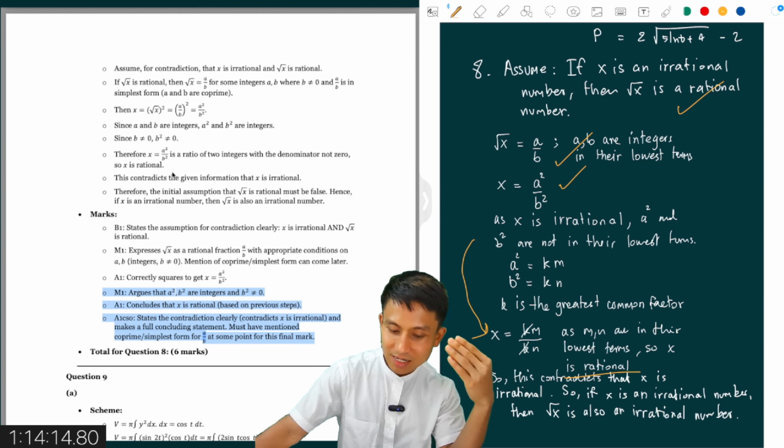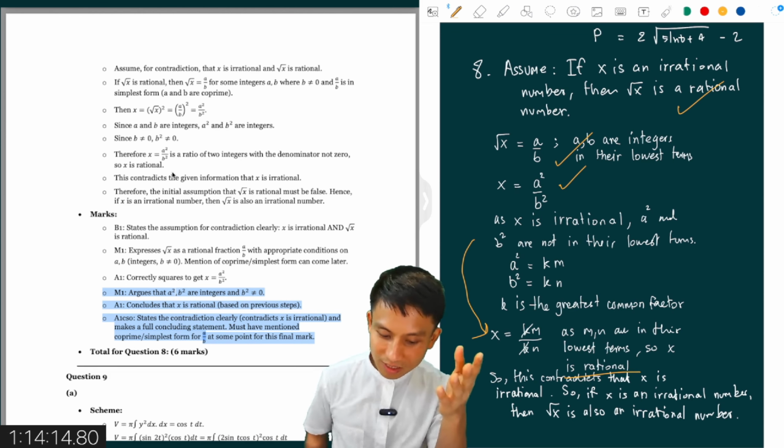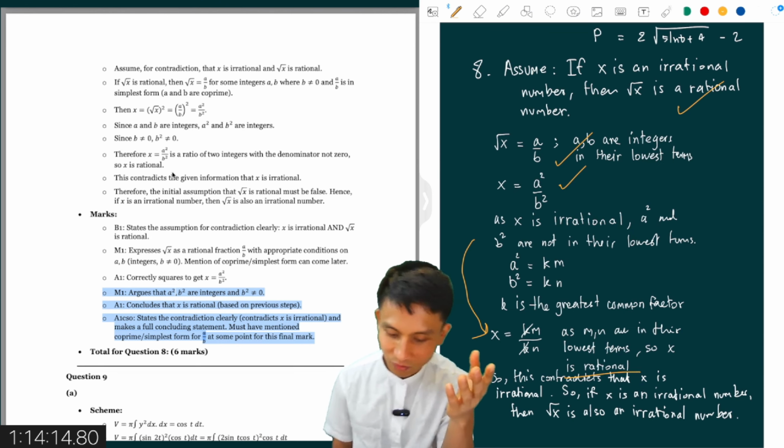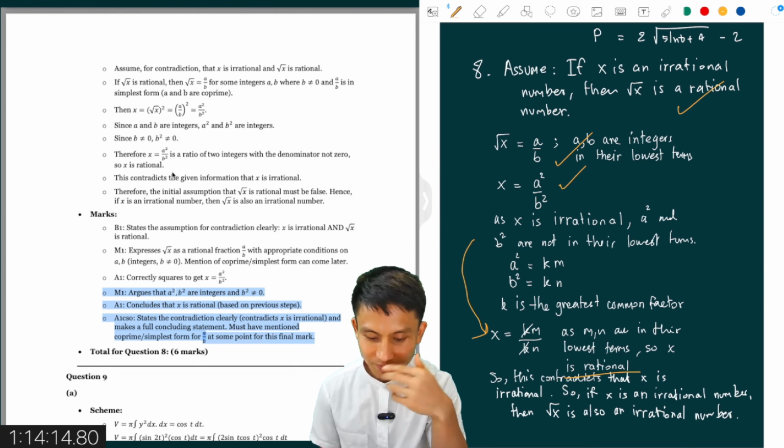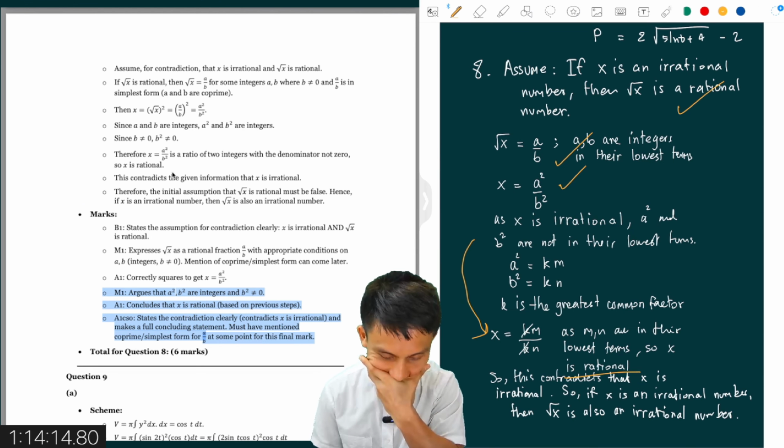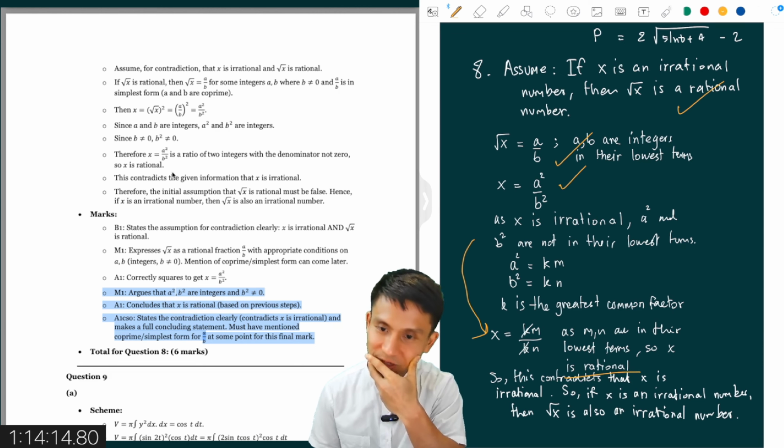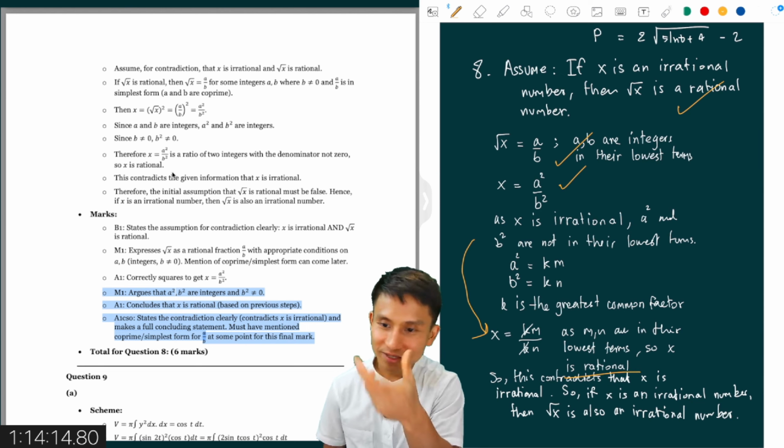But I did, because we assumed earlier that x was irrational. Yeah, that would have been much easier, right? The AI step here would have been much easier.